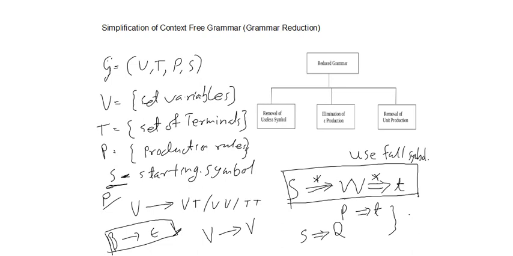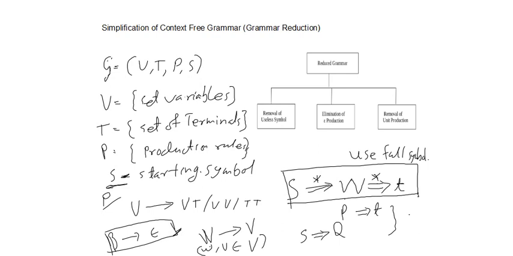The left hand side is a non-terminal and the right hand side is again a non-terminal. If both W and V belong to the non-terminals of the grammar, then we say the production is a unit production. We should remove unit production from the grammar for simplification. I hope it is clear.